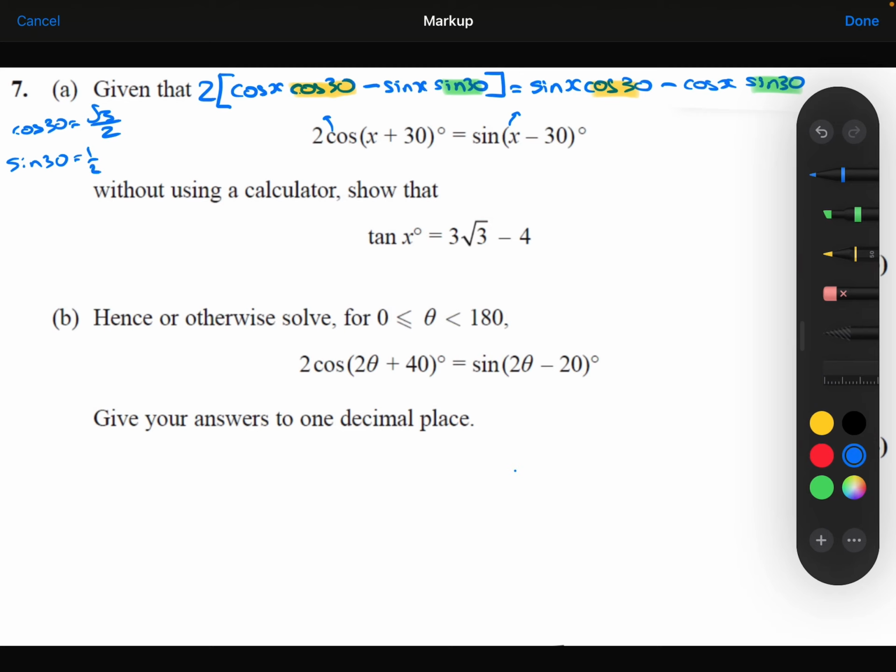So let's substitute those into this expression. So we'd get cos x times root 3 over 2 minus sin x times 1/2 equals sin x times root 3 over 2 minus cos x times 1/2.